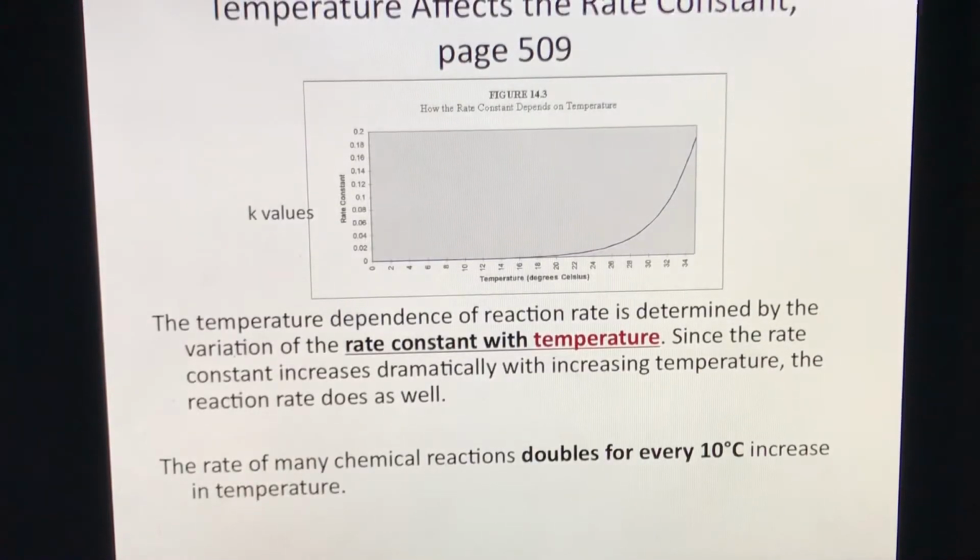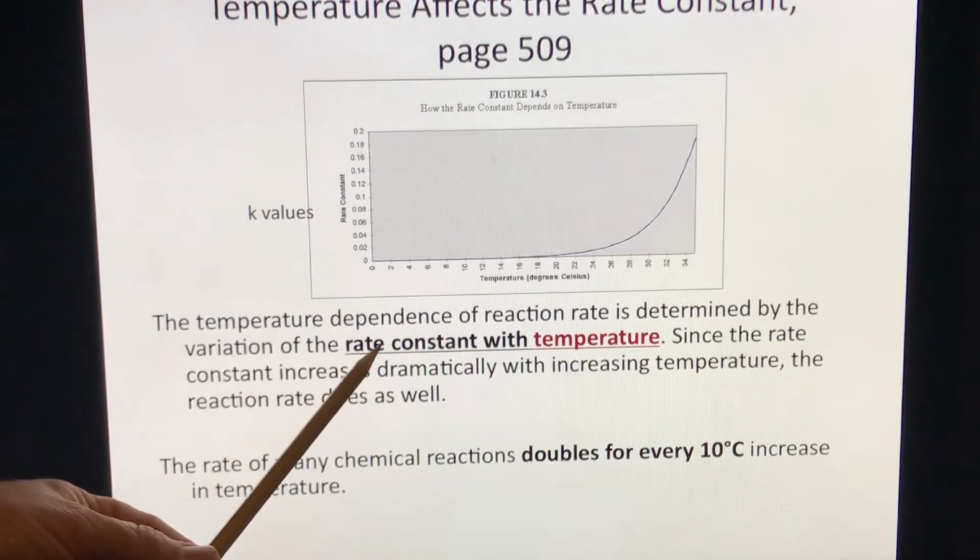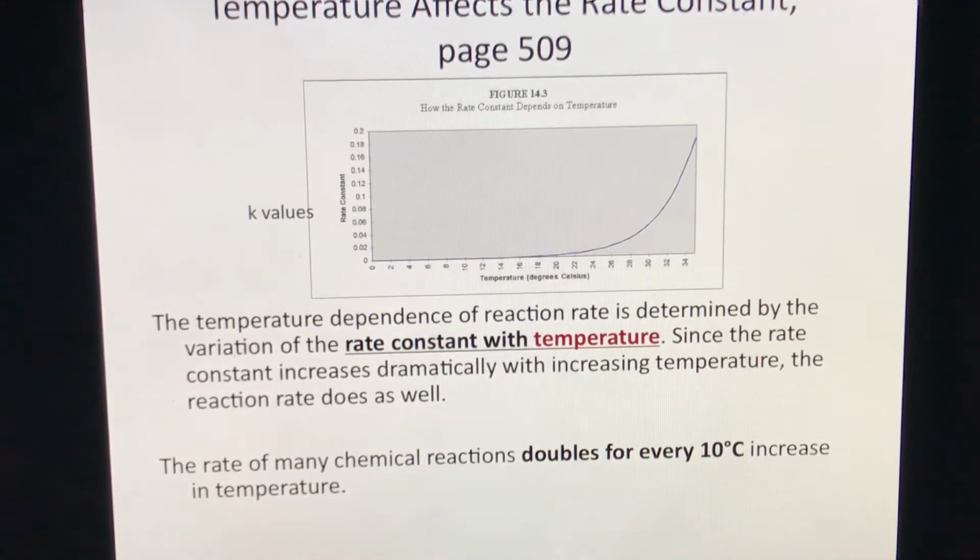So we can see that there's another factor that also can affect the rate of a reaction, and in addition, the rate constant of a reaction. So we remember that the rate constant is unique for each reaction, but it's also unique for each reaction at a certain temperature.